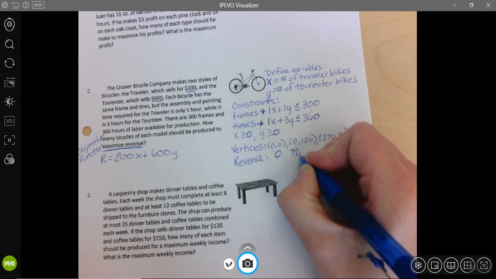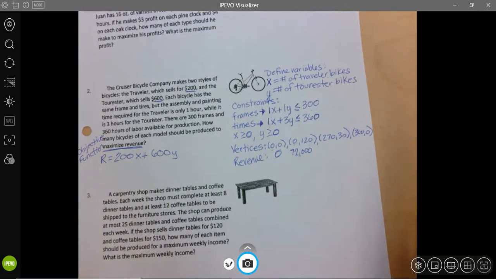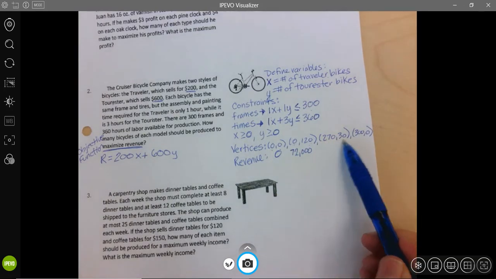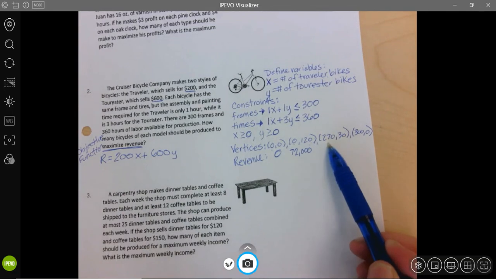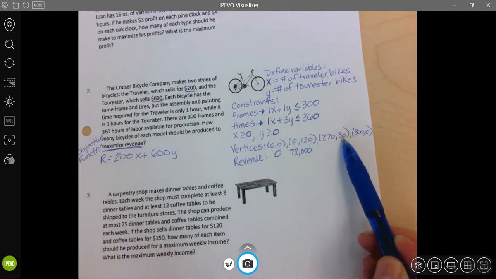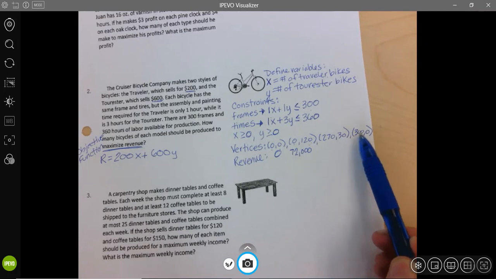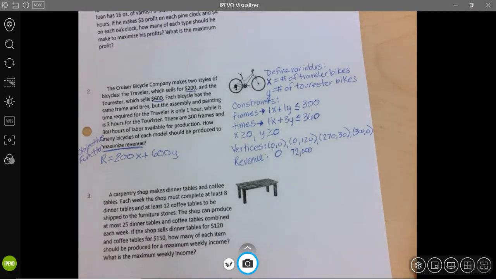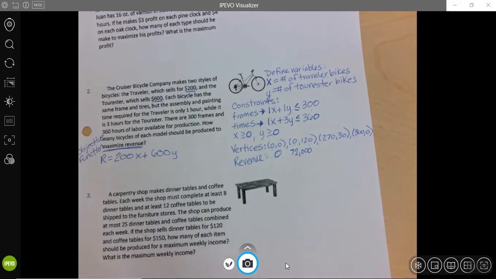So what we're going to do now is if you're in the front of the classroom, I want you to plug in this point, 270, 30. If you're in the back of the classroom, I want you to plug in the point 300, 0. I'm going to give you a minute to do that. Alright, so some of you guys found something interesting happen.